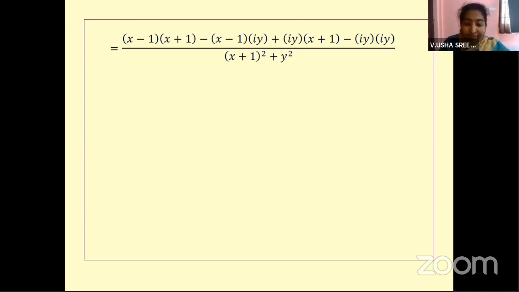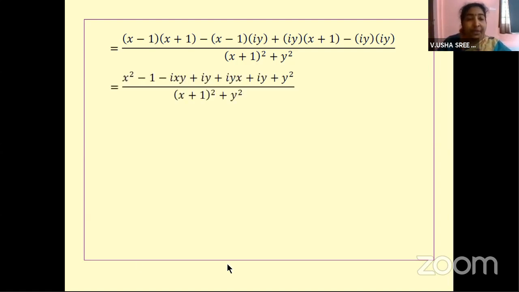Okay, children, we will try to expand this. This is nothing but (a plus b) into (a minus b) form. So you are getting it as x square minus 1.